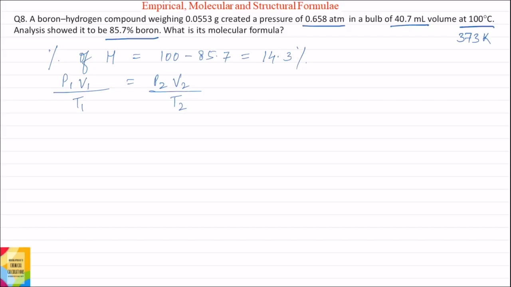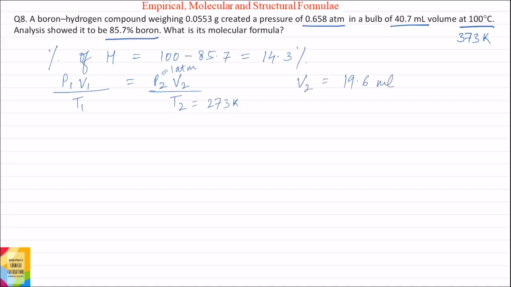P2 is the standard pressure, that is 1 atmosphere, and T2 is the standard temperature, that is 273 Kelvin. So putting the values and solving, the value of V2 is equal to 19.6 milliliter.